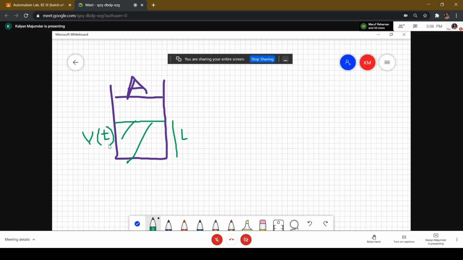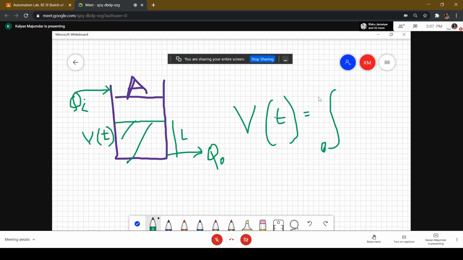Vt is the volume of liquid at any instant of time t. Now there is a liquid flowing into the tank, that is inflow rate. Normally flow rate is denoted by Q, and there is liquid flowing out of the tank, Q output. So volume at any instant of time t is what? Integration. Exactly.